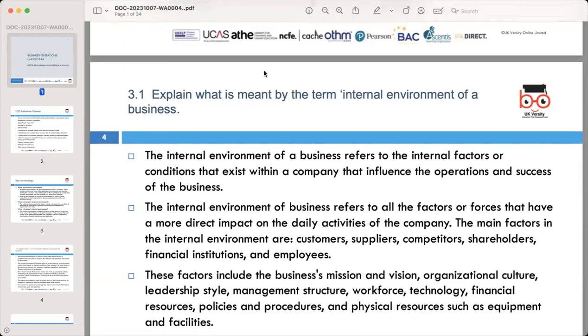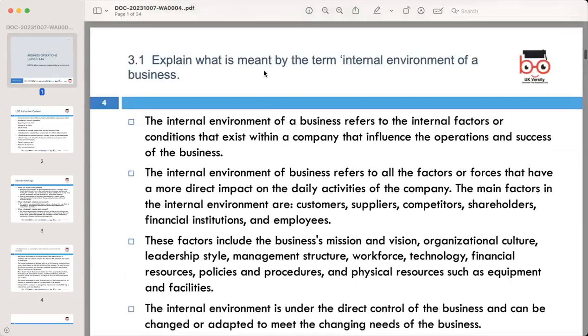Okay, so the internal environment of a business refers to the internal factors or conditions within a company that influence its operations and success.